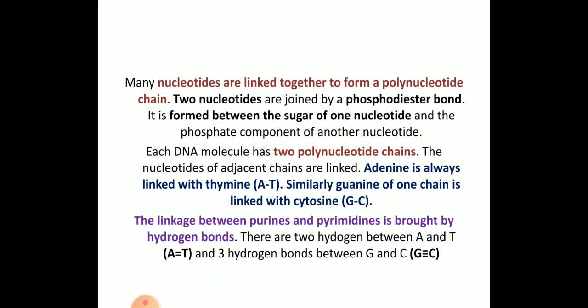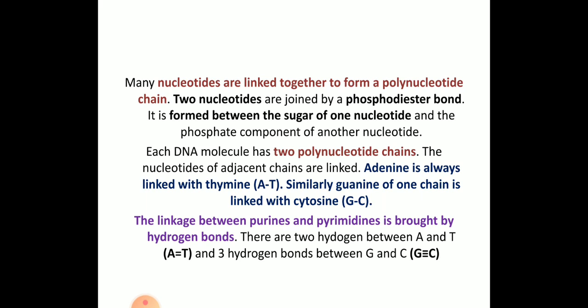For example, adenine is linked with thymine, AT. Similarly, guanine is linked with cytosine, GC. So A is linked with T and G is linked with C. As I already said, they are linked by hydrogen bonds also.